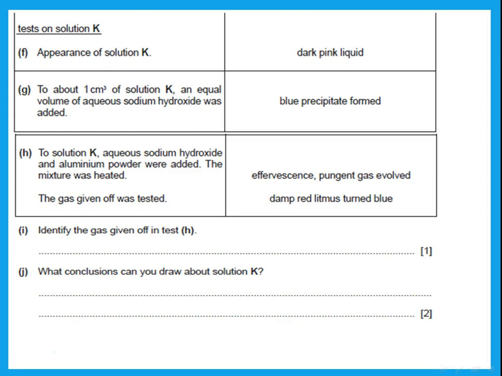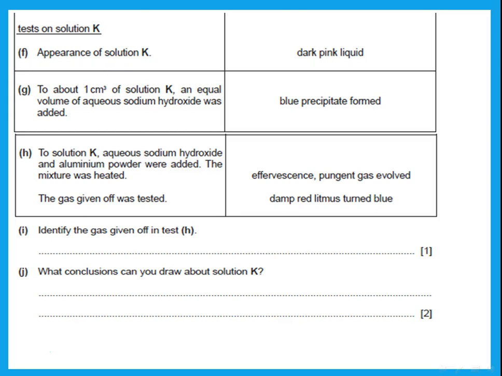Okay, K, we don't know anything about K, but he's saying that the appearance of K is a dark pink liquid. Now, if something is colored, that means it has a transition metal. So the fact that it is a dark pink liquid means it's a transition metal. But we don't really know which transition metal because it is pink. We didn't talk about anything that's pink. So to about 1 centimeter cubed of solution K, he added sodium hydroxide and he got a blue precipitate.